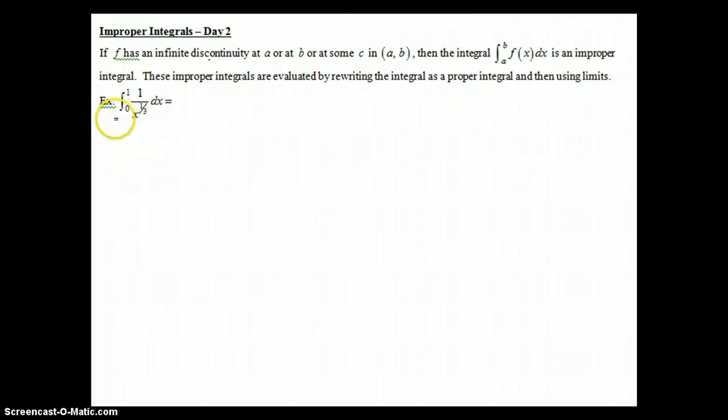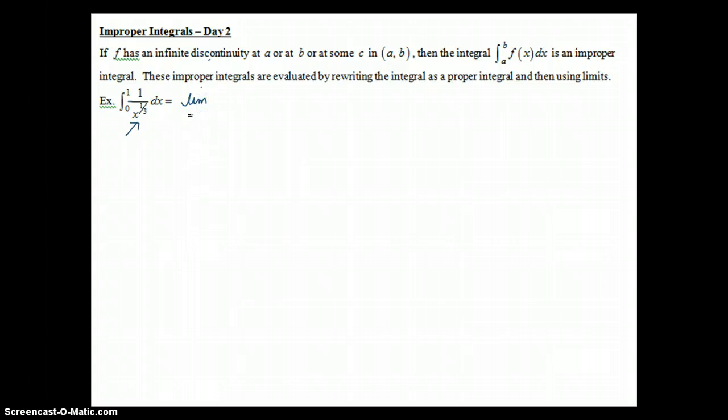So we think here, at first glance, our 0 to 1 has no problems here as far as an infinite limit. However, if we think about what the graph of 1 over x to the 1/3 looks like, we are going to have a discontinuity at x equals 0, which is at one of the endpoints. So when that happens, we have to think about a different sort of improper integral.